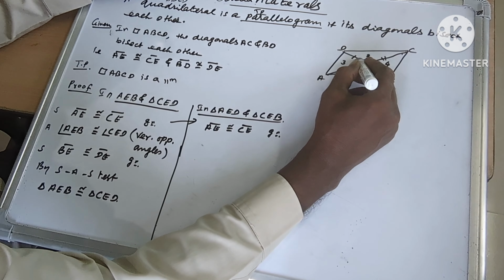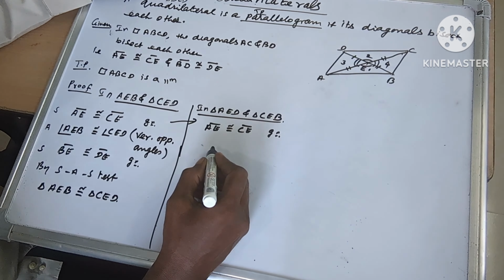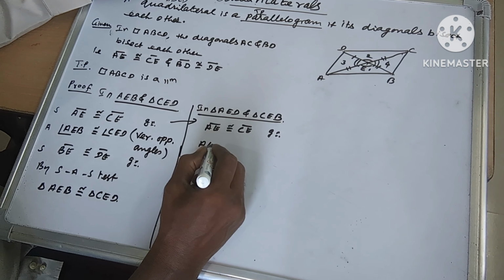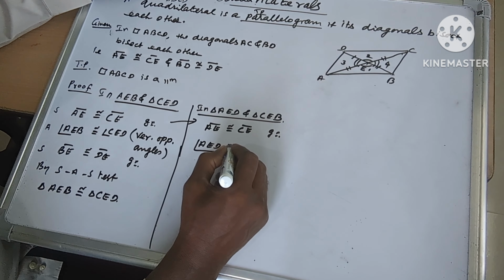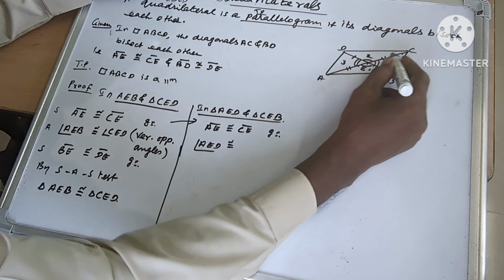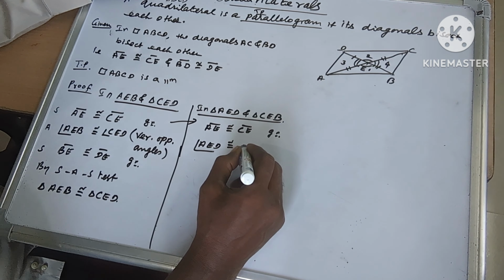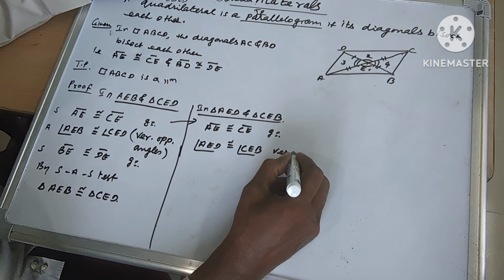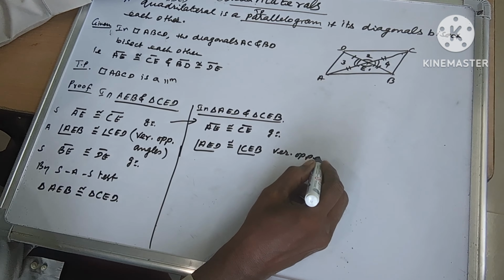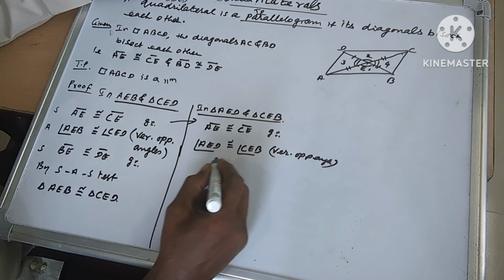These two angles, vertically opposite angles AED and CEB, are congruent.